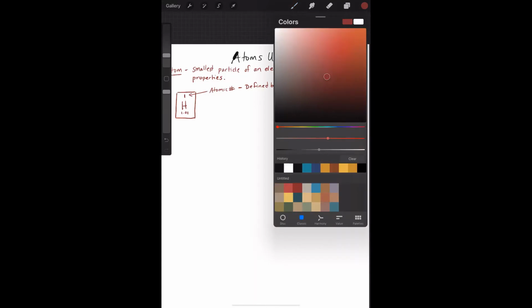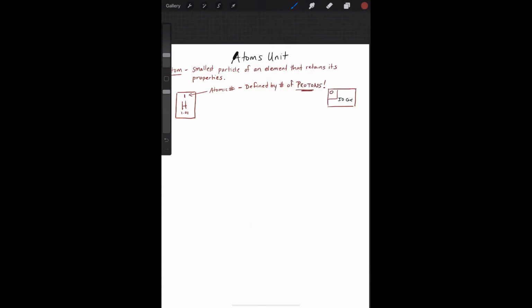Where I would have the picture, I'm going to draw some little positive protons to remind me that protons determine identity of an element. You can have different numbers of electrons and neutrons, but the protons determine the identity.